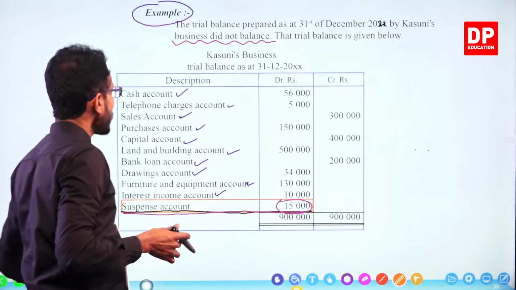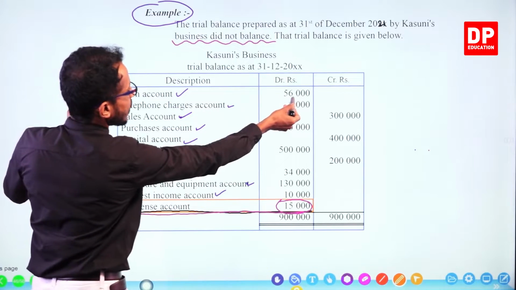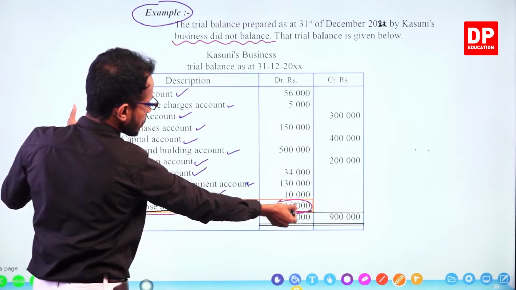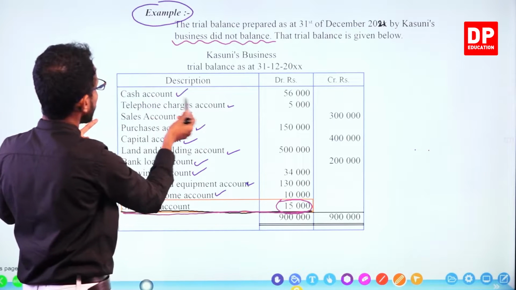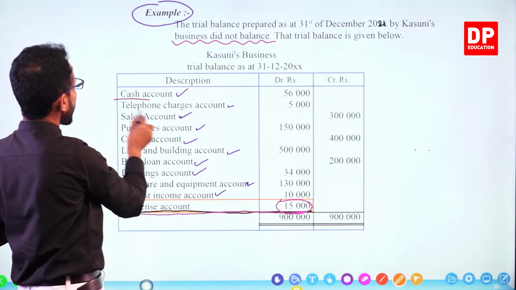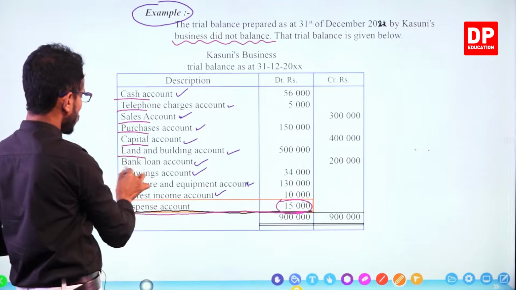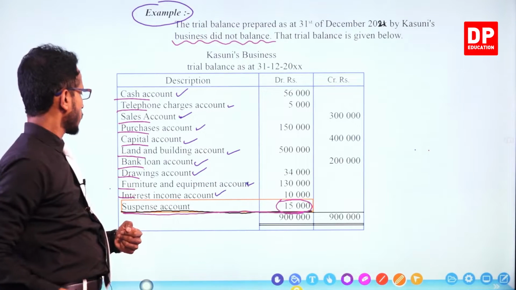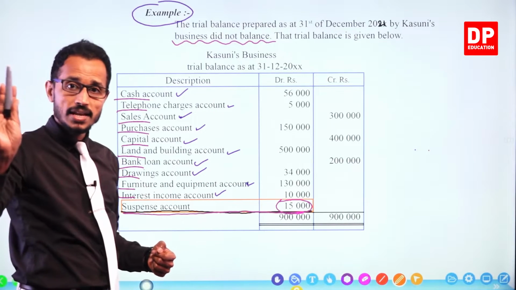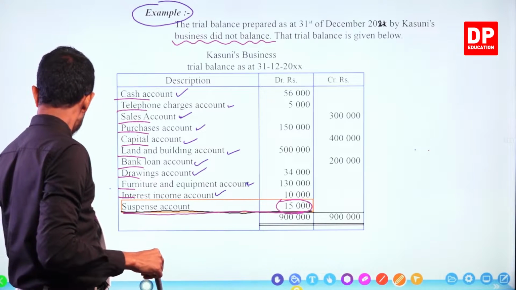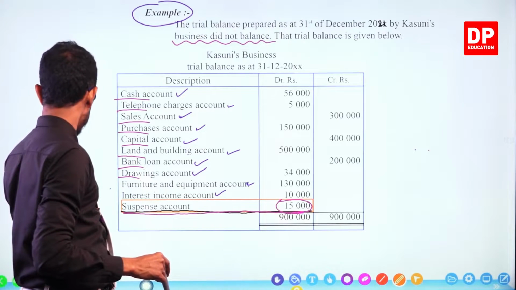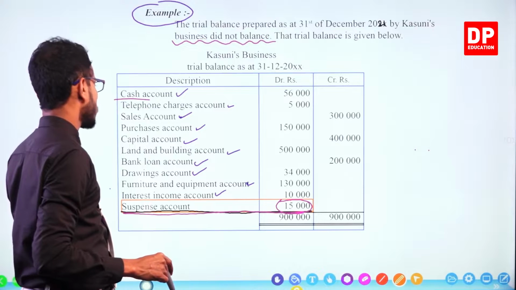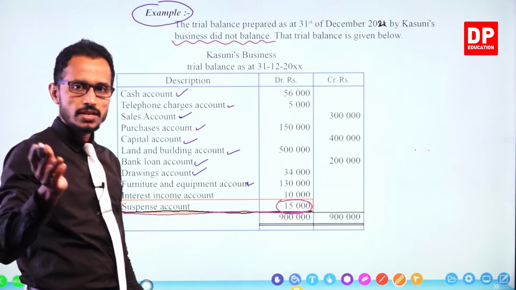But in this trial balance, in the debit side, there is no electricity bill balance. No electricity bill account. You must enter it to this trial balance.